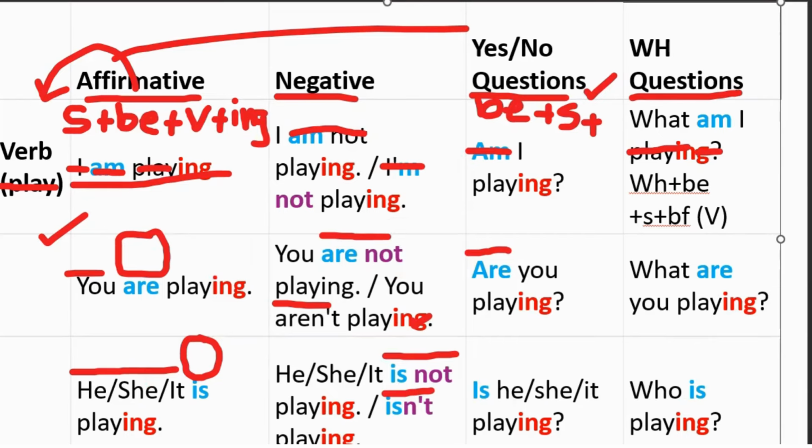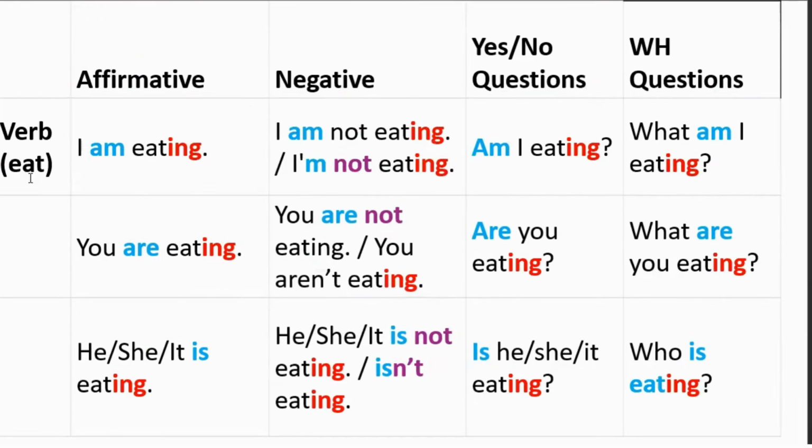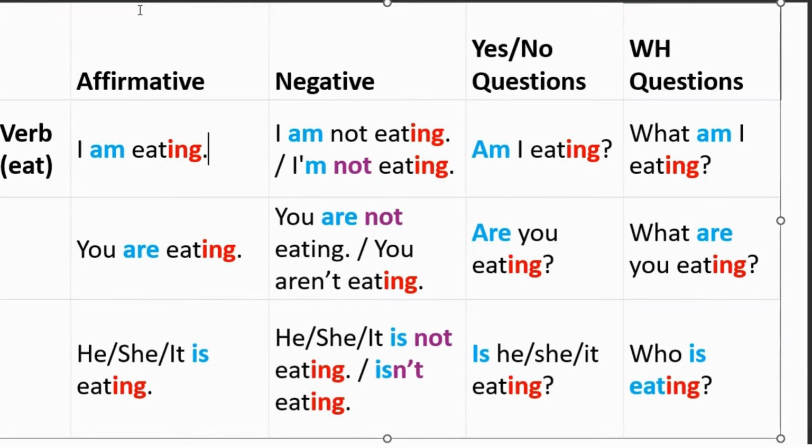Let's look at some other examples with another verb. So here, if you see, I am eating. So what is the formula?